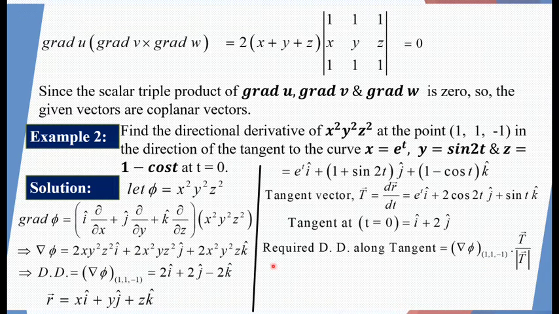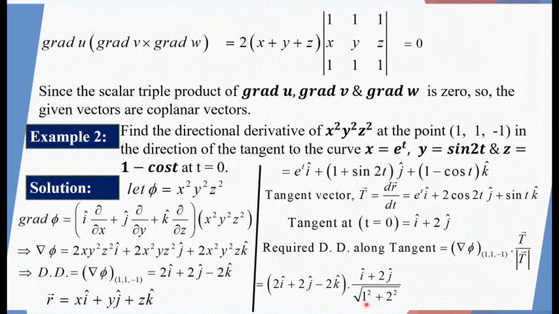So the required directional derivative along the tangent is equal to del phi at the point, dot product with vector t upon mod of vector t, because we have to multiply by the unit vector. So it is equal to 2i plus 2j minus 2k dot product with i plus 2j upon square root of the coefficient of i, 1, squared, plus the coefficient of j, 2, squared.